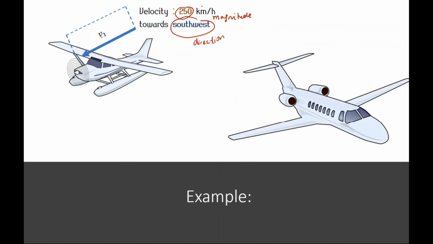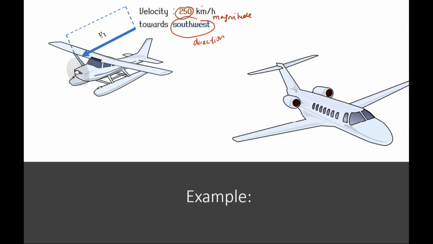For example 2, aeroplane 2, velocity is 350 km per hour towards southeast, which means the direction is southeast, and 350 is our magnitude.